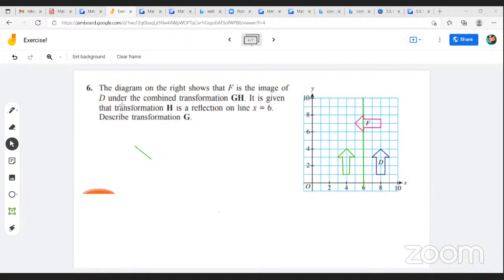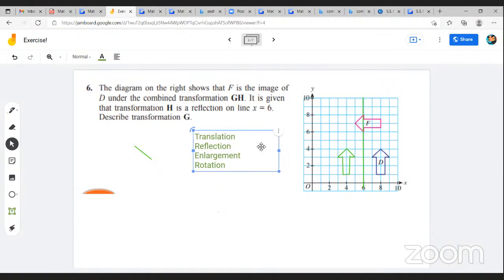So, Harry, do you have any idea which of the 4 transformation it is? Before you answer that question, don't forget the 4 transformations, which are translation, reflection, enlargement, and rotation.